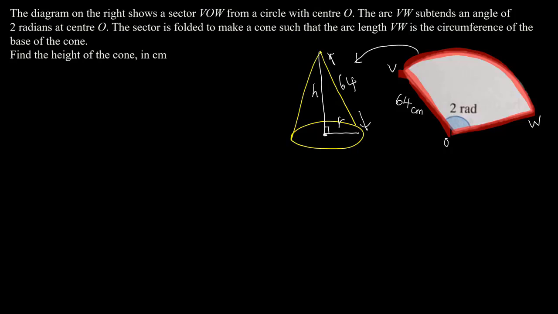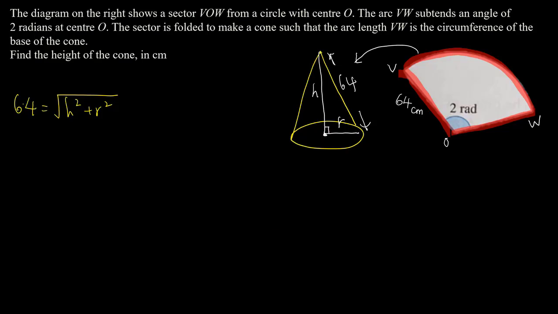Based on the cone, we can find the relationship between H and R. 64 is the hypotenuse of the right-angled triangle. Therefore 64 equals the square root of H squared plus R squared. This is the relationship between the slant height, height and radius.